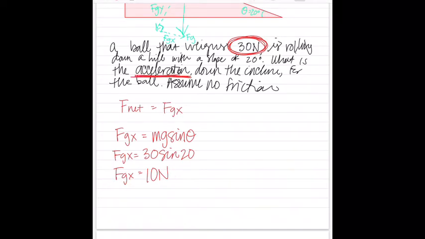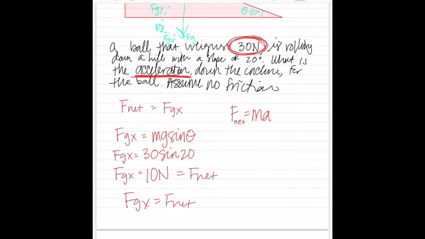Now, we know that F is equal to m times a. Well, what I didn't teach you so far is F net is actually equal to m times a. So if we have F net, which is what we just discovered because FG of X is equal to F net, okay, so 10 newtons is equal to F net.